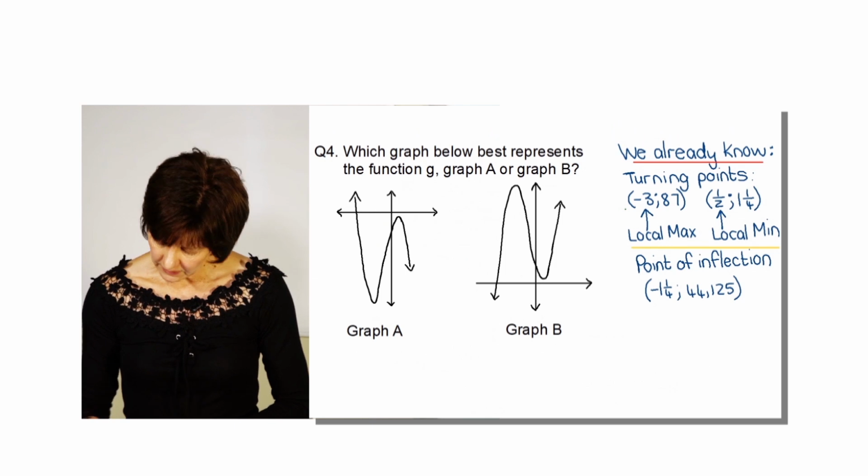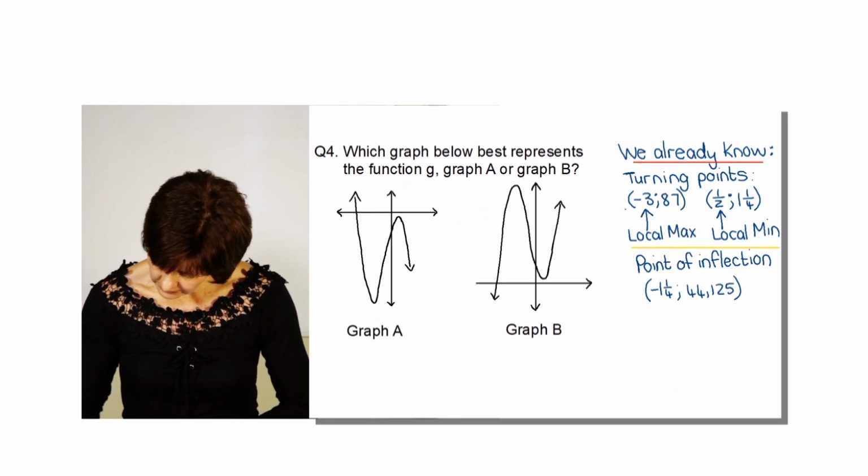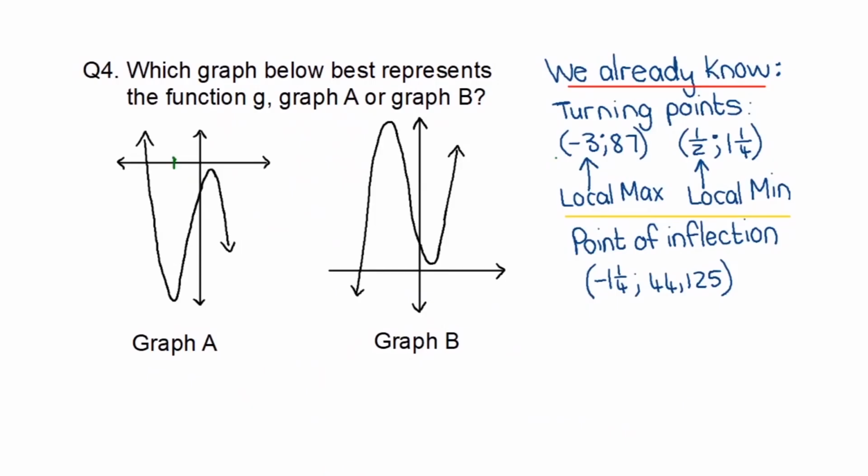So let's see, if we take what we have, we said here, the point -3, 87 is a turning point. So -3 must be on this side of the x-axis because it's negative. The other x value of a turning point must be a half, which will be here. And with -3, we actually had a y value of 87, which we can see can't be here on the negative side of the y-axis.